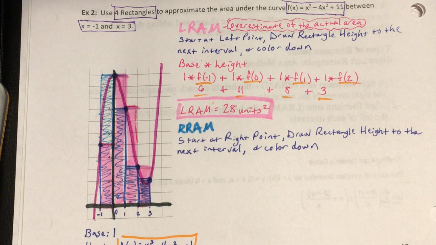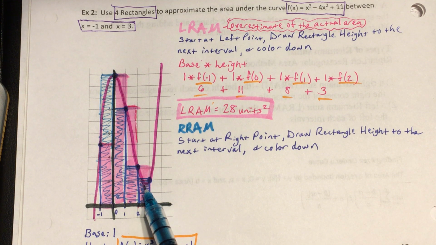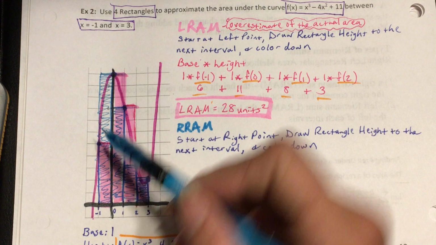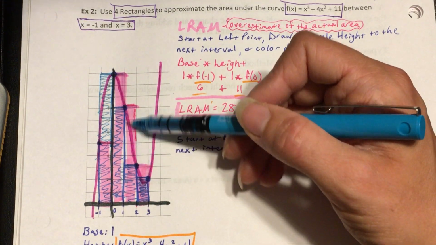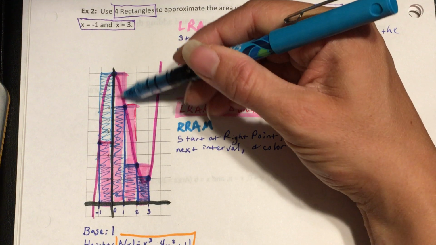All right, so just from looking at this one, I would say that this is probably an underestimate of the actual area. We can see I'm just a little bit over there, but I am under the curve here. There's this whole pink section that I'm not calculating the area of.